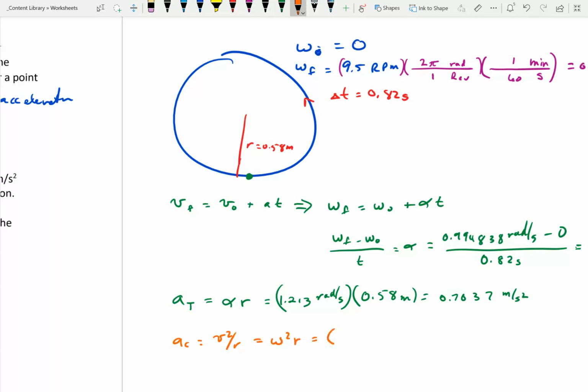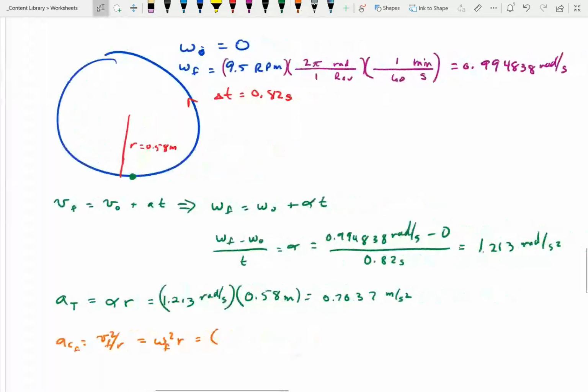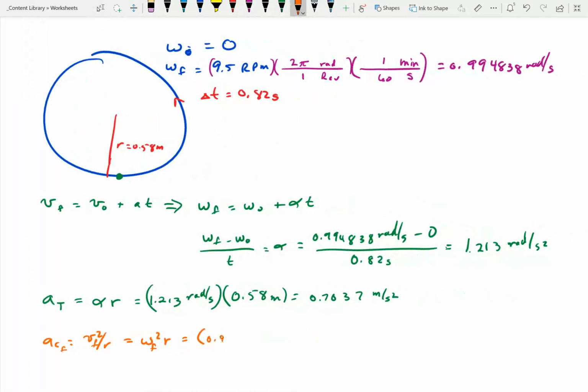So that's going to be my omega final, which was 0.994838 rads per second, quantity squared, times the radius 0.58 meters. And so that gives me a final centripetal acceleration of 0.5740 meters per second squared.